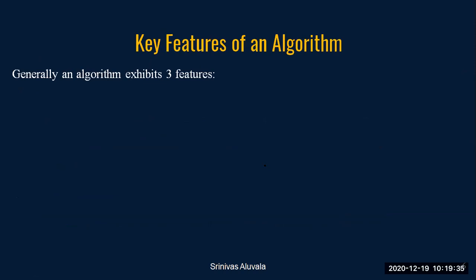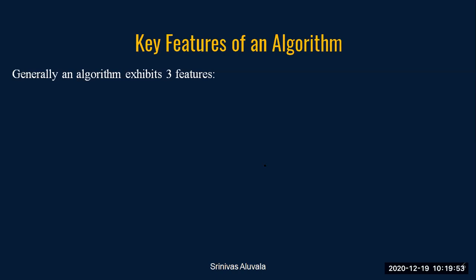When we think of a method or a sequence of steps as an algorithm, the algorithm can give us the solution, can give us a desired result, can produce an output exhibiting three features.